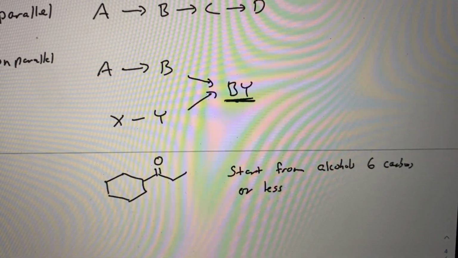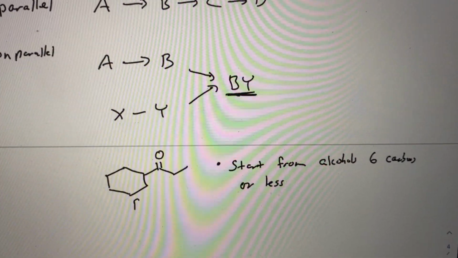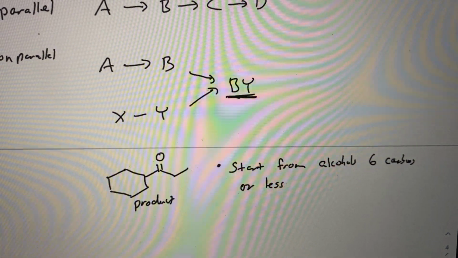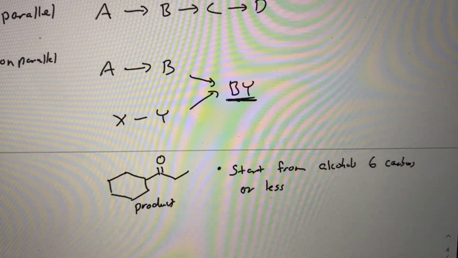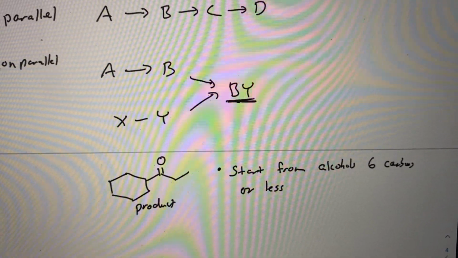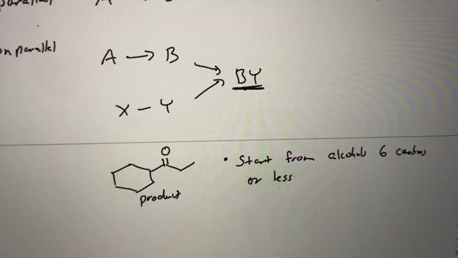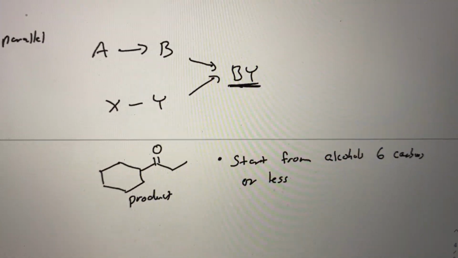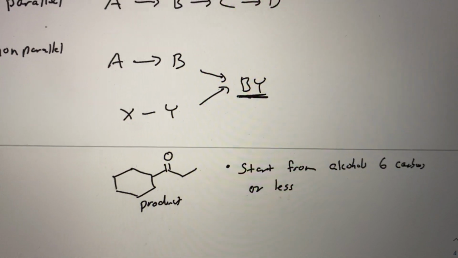So that's a limitation. So this is what we want. This is the final product. But we can only use alcohols as our starting materials, and they all have to contain 6 carbons or less. We can use any other reagent that we want.